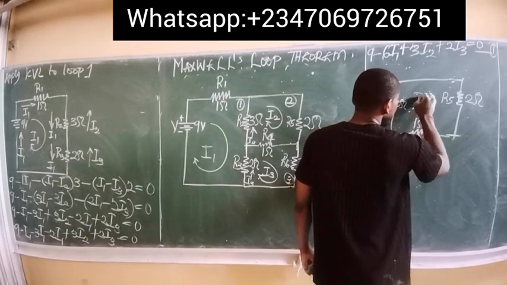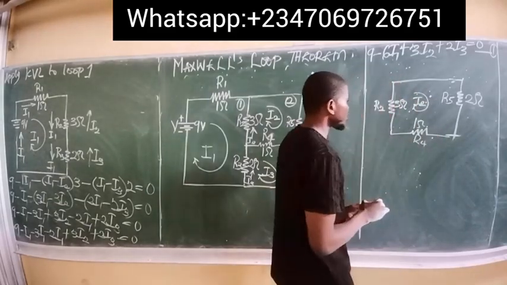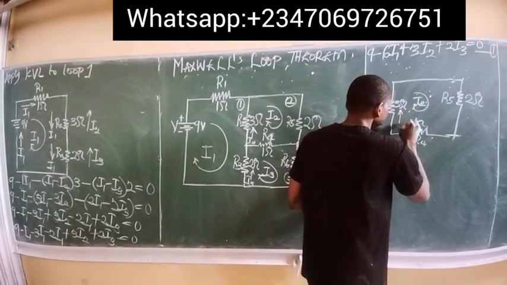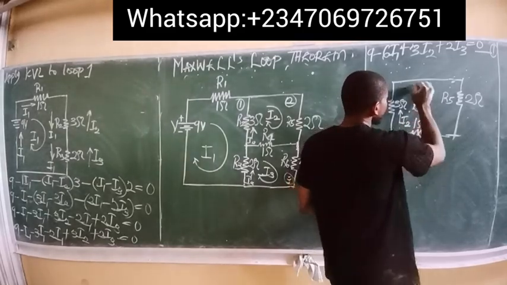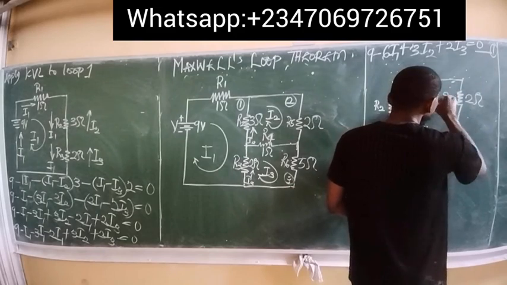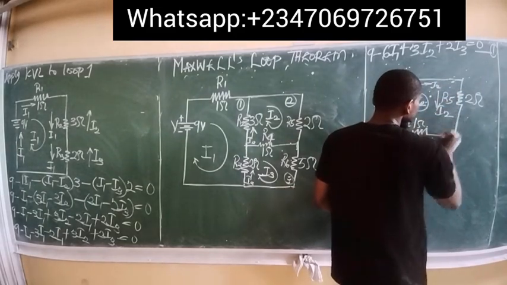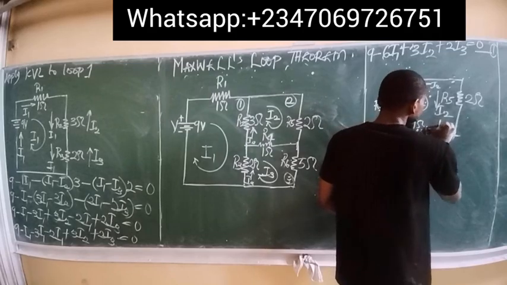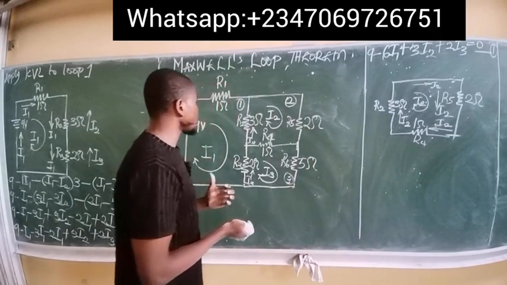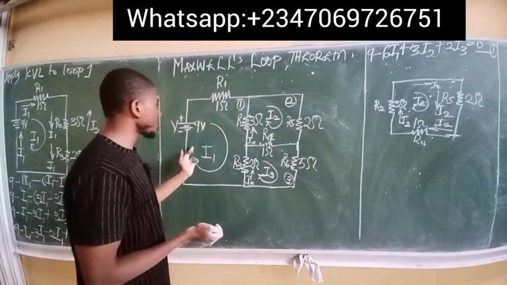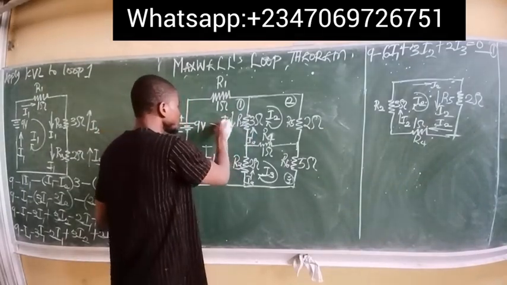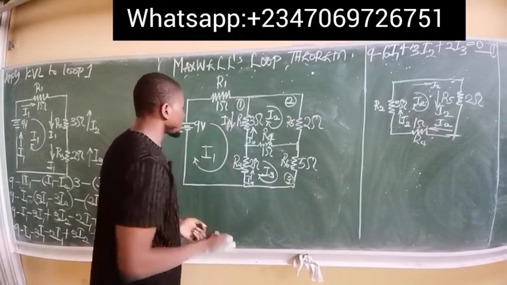Current is moving in this manner. This is I2. So which means the direction of flow of this current is actually what? Up here, I2 in this way, through this resistor I2, and through this resistor also I2. But not also forgetting that current I1 is also flowing through this resistor R2. So we have I1 also flowing through this resistor R2.